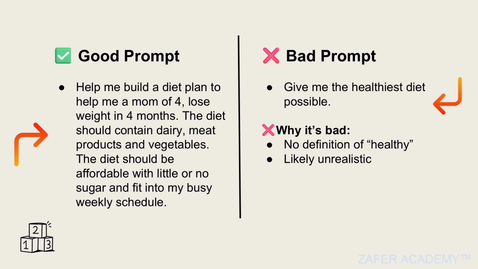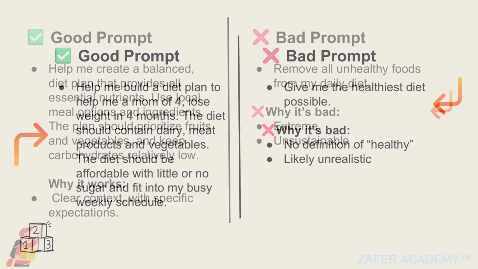Fit into my busy weekly schedule. Now, this can easily be formed into a structure to achieve that. It's a good prompt. So the variables are clearly defined and clearly stated. We have the context, we have the timeline, we have the goal, we have the preferences, right?